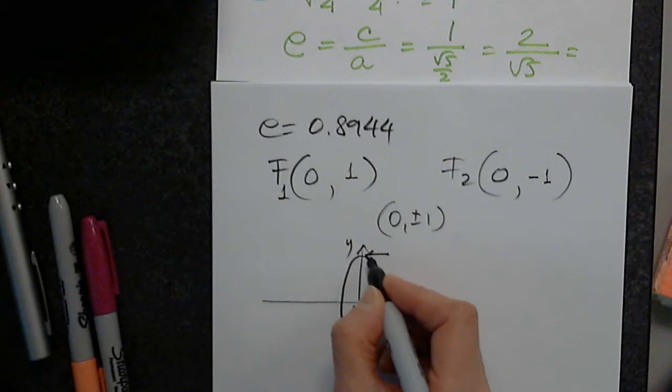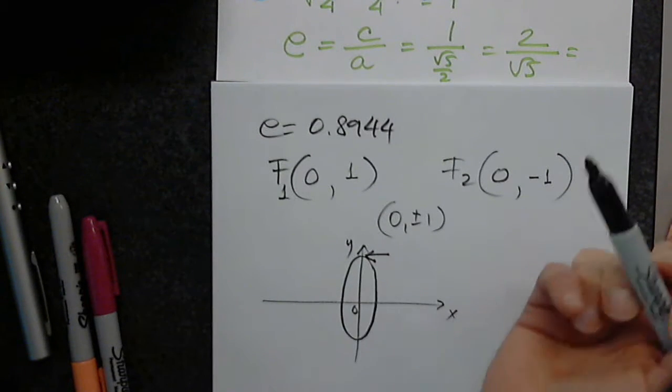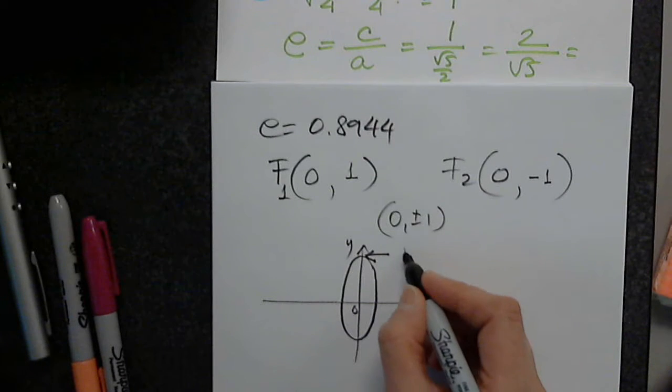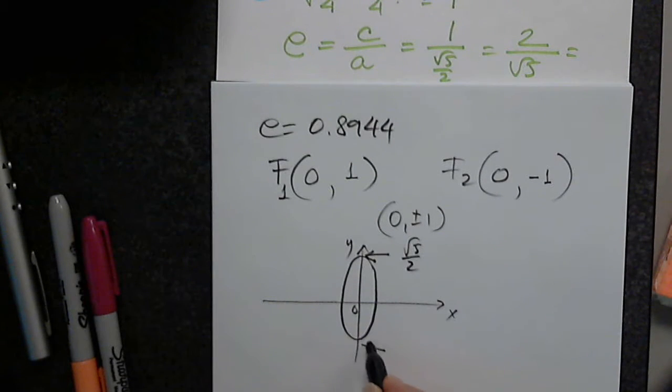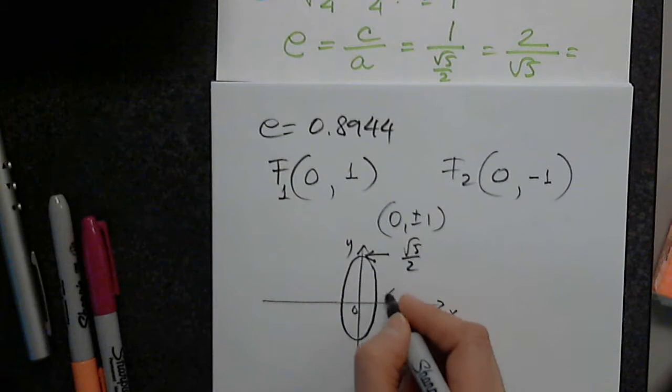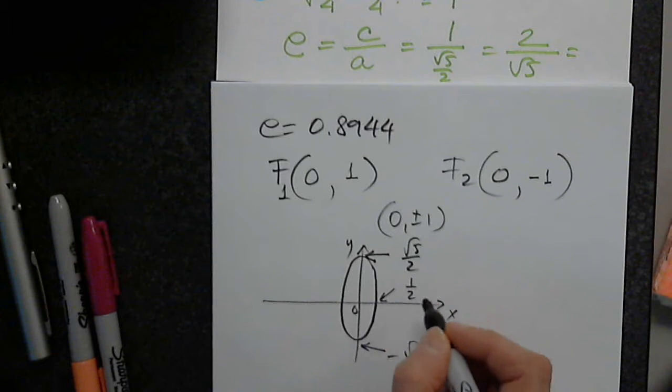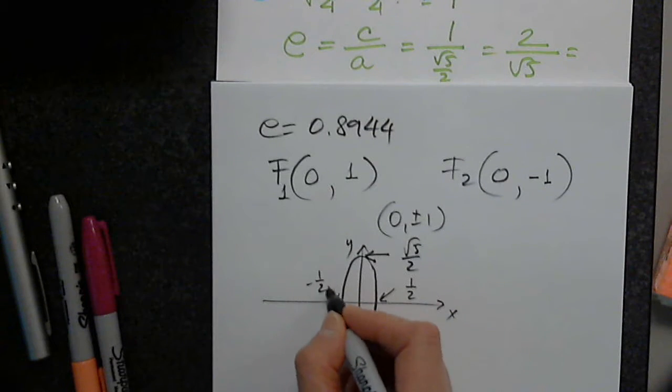So this is the square root of 5 over 2. This is negative the square root of 5 over 2. And this is 1/2, and this is negative 1/2.